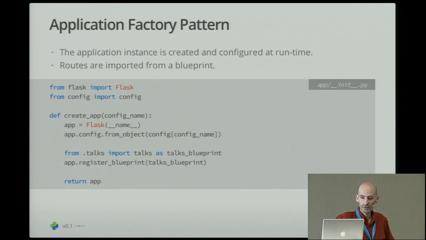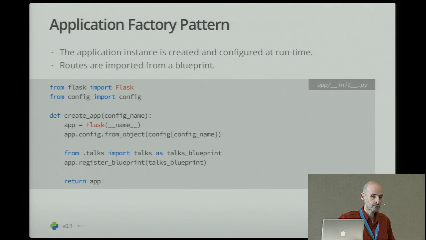Okay, this is the application package constructor. The single file example that I showed at the beginning created an application as a global variable, right? It was created at the very top of the script, and then that enabled you to say app.route later to use that decorator. That is very convenient, but has some problems.